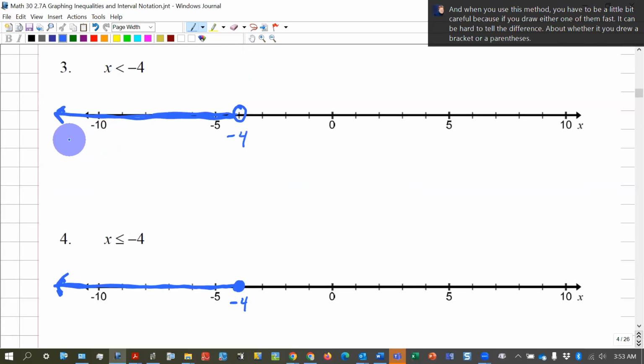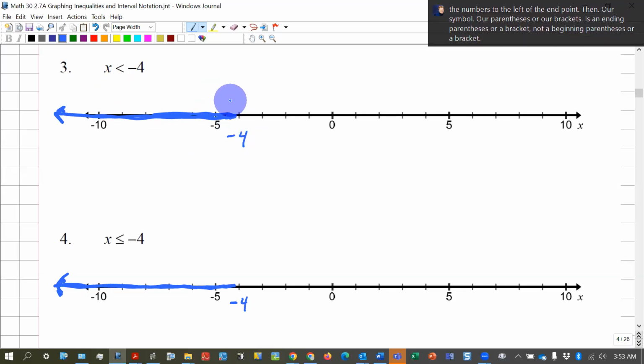When we are shading all of the numbers to the left of the endpoint, then our symbol, our parentheses or our bracket, is an ending parentheses or a bracket, not a beginning parentheses or a bracket.